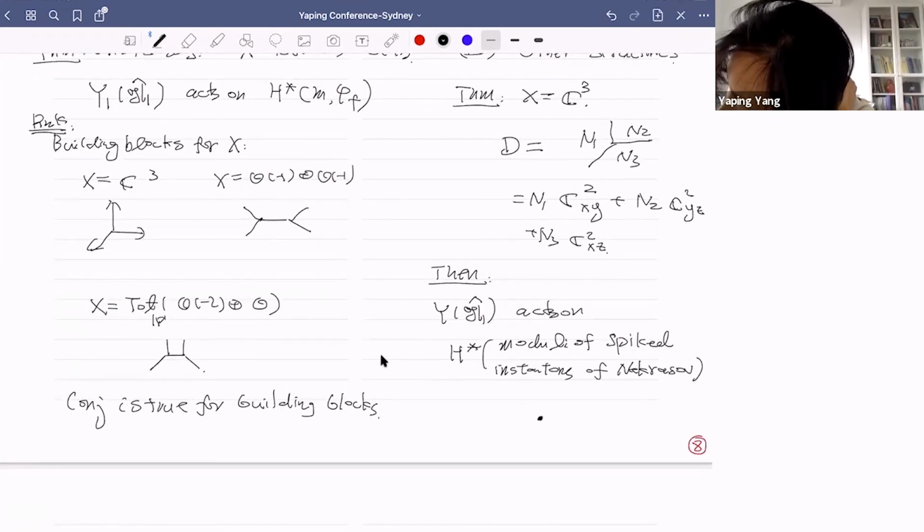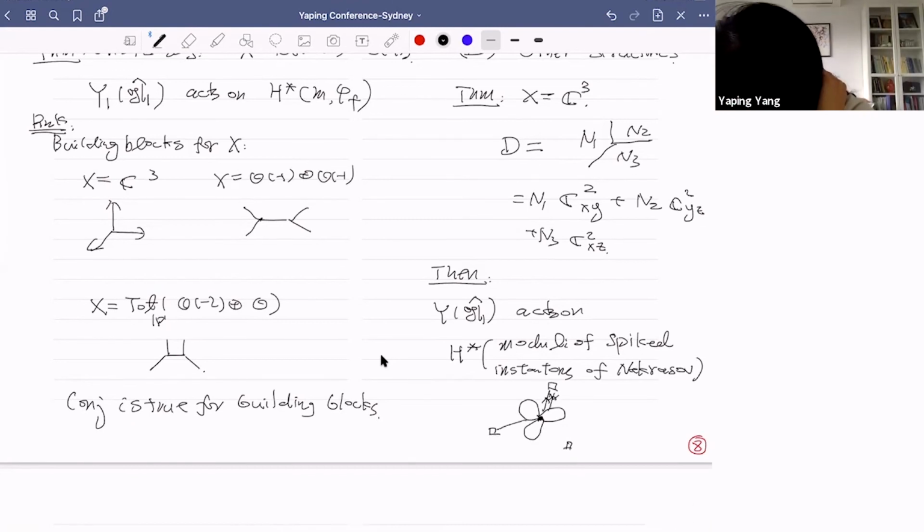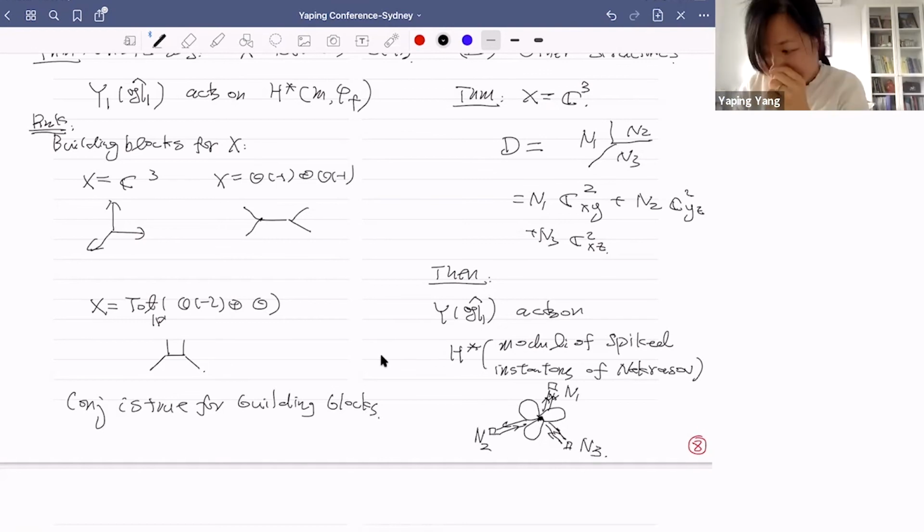I have one vertex with 3 loops and 3 framings. And those framings carry the multiplicity N1, N2, N3.